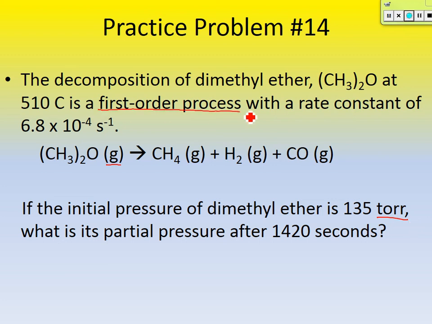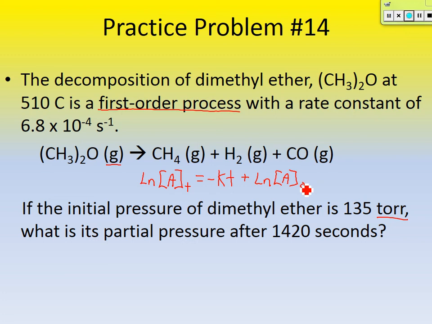Yeah, first order process. So we're going to use the first order integrated rate law equation again. Let's write that down. The first order integrated rate law is the natural log of the concentration at some time is equal to a minus kt plus the natural log of your concentration initially.